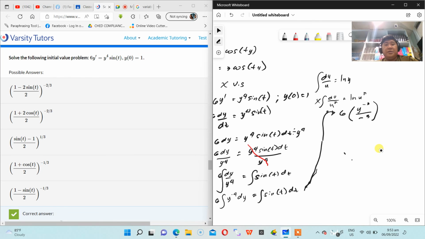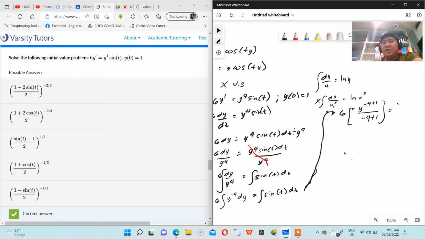Why is that? Because you add 1 to the exponent, negative 4 plus 1. That is the integral. If the exponent is positive, it is also plus 1.